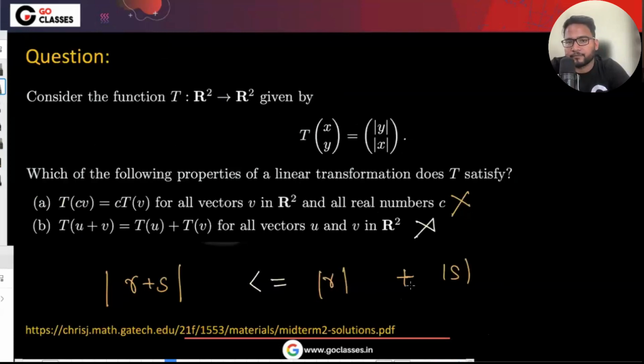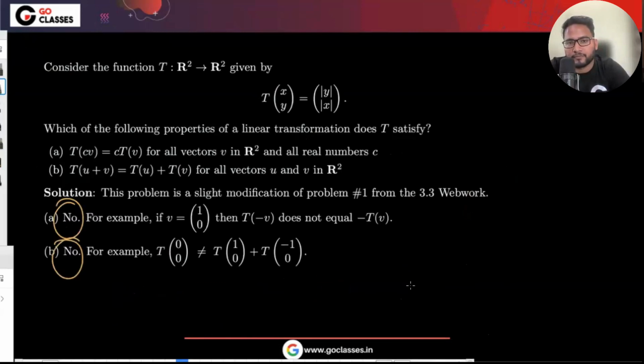See here, if you're taking the transformation first, then it will always be the addition. It will be 1 plus 1, right? But if you're first adding, it will be 0. See, they've also taken the example where the signs are different.